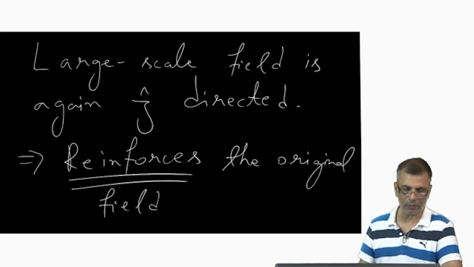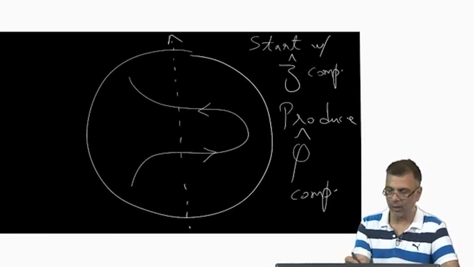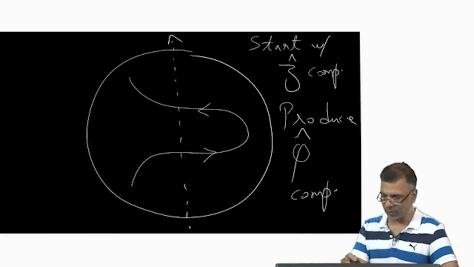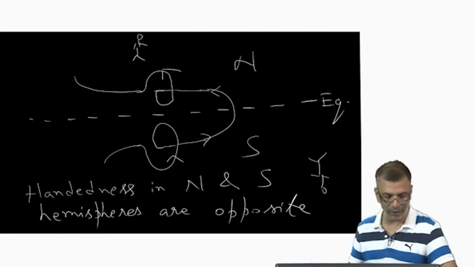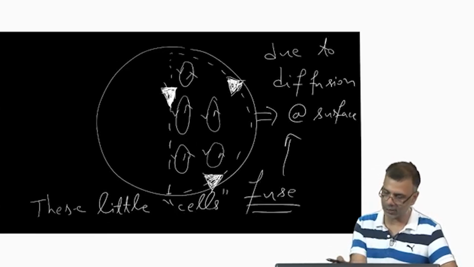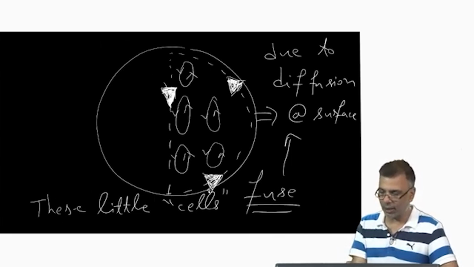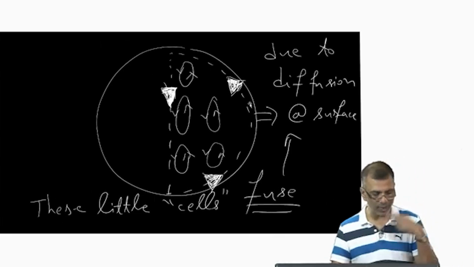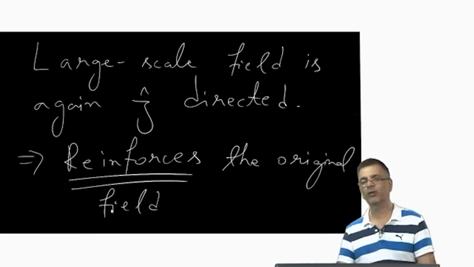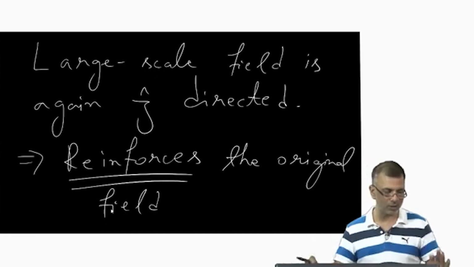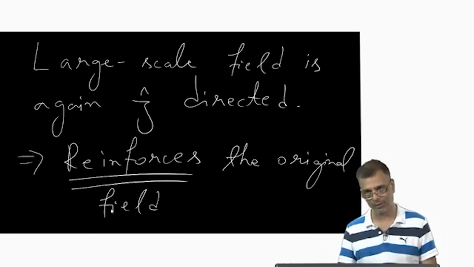We started out with a large scale z directed field, we generated a phi component, and we twisted the phi component appropriately in a certain manner, and we let these little convective cells fuse, and in fusing they produce a large scale field which adds to the original large scale field. It reinforces the original large scale field, and so our cycle is kind of complete now.